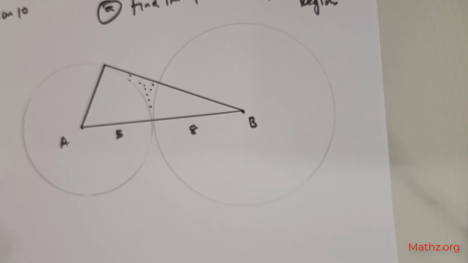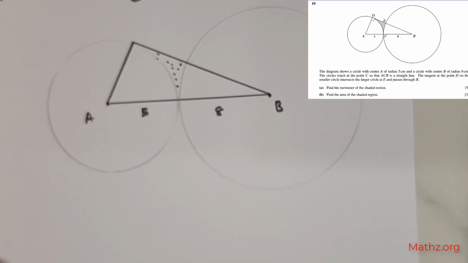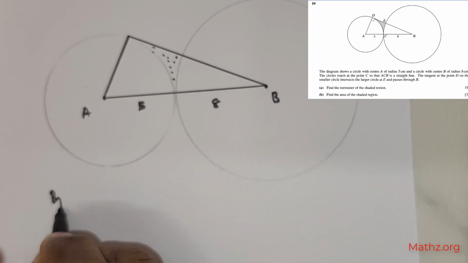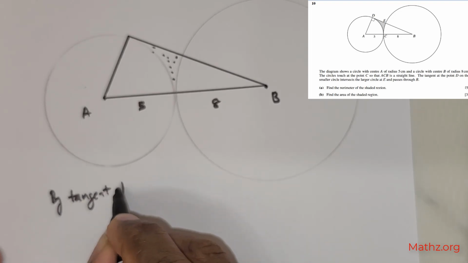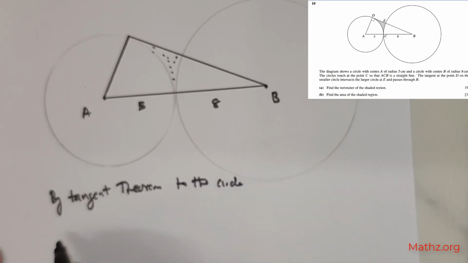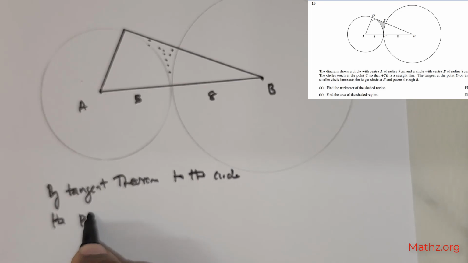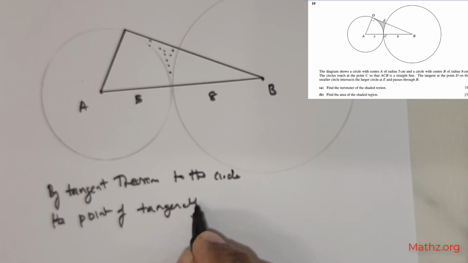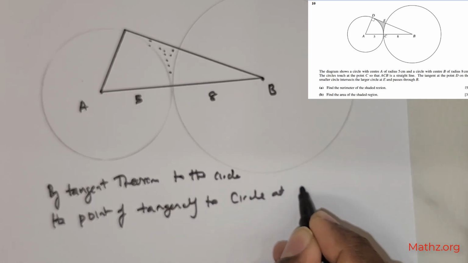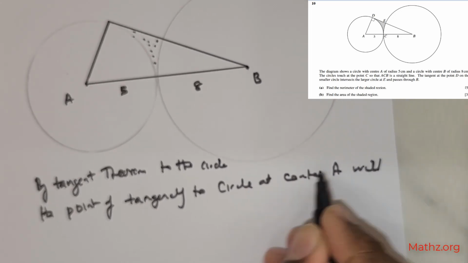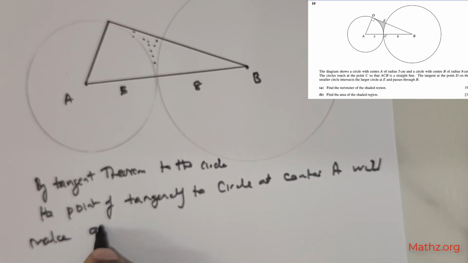Okay, now with this information, let me do this question. Now foremost, by tangent theorem to the circle, the point of tangency to circle at center A will make 90 degrees to the radius of the circle.